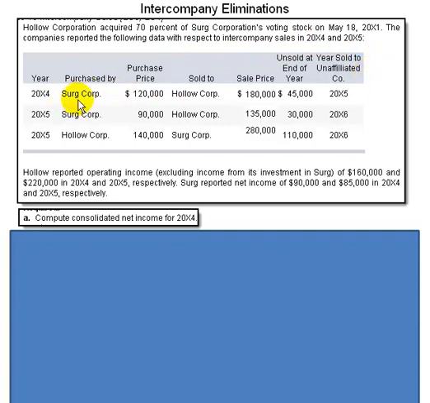So for 2005, Surge purchased at a cost of 120, or purchased by and sold to is a little bit misleading here. In 2004, Surge sold to Hollow Corporation 180,000 of merchandise. At the end of the year, 45,000 was unsold.